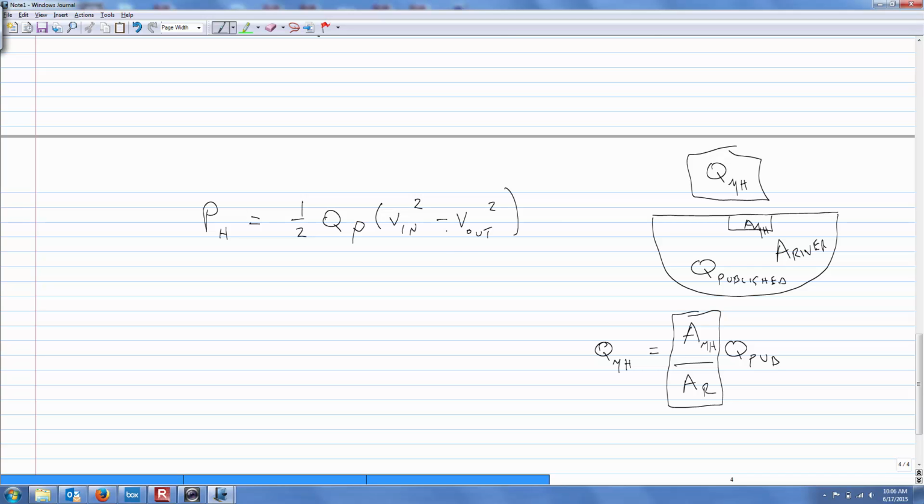So now, for our power estimate, we're going to know what Q is, and again, this is the Q microhydro. We know what the density of water is. It's 1 kilogram per liter or 1,000 kilograms per cubic meter. We're going to be able to measure V in. I'm going to leave it up to you to get creative on how to measure V out.